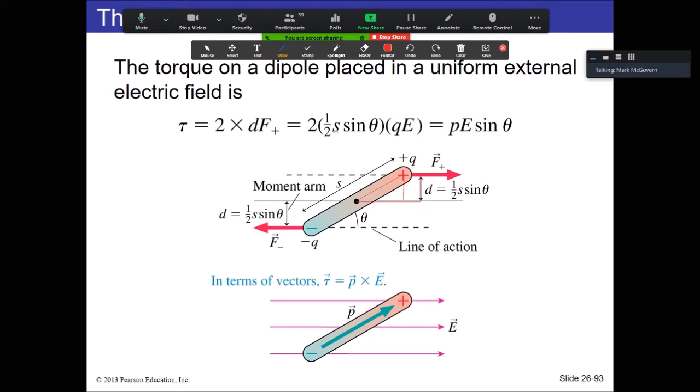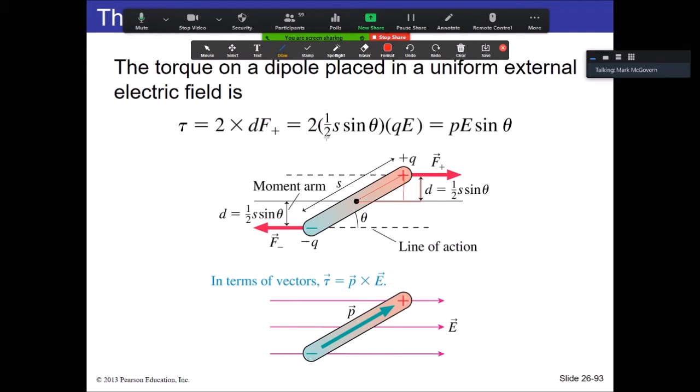Both work just fine. That would be your value for d, 1/2 s sine theta. That's the moment arm. Or you could just say 1/2 s is r sine theta. Same thing, right? The force is the electric field times the charge.